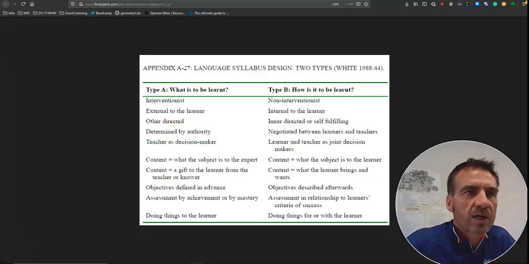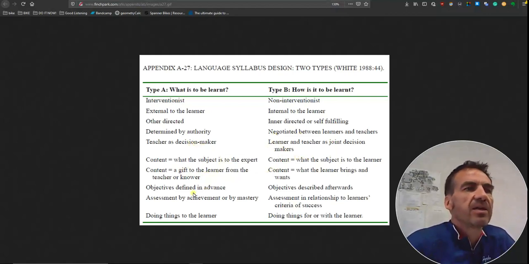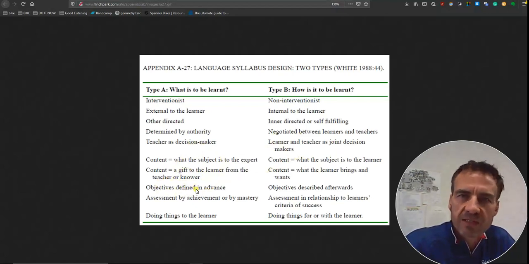And another way to look at it is something we call type A and type B. Type A is the structural, or it's got some difficult words here, but synthetic, where you, the teacher, make decisions on what to do, rather than things coming up randomly in class. You're the expert. You define, you create the lesson, the things to study in advance, right?